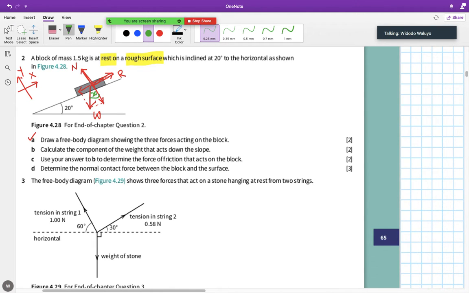This is 20 degrees. So here this is W cos 20, and then down the slope, W sine 20. That's it. Done. This is the weight that acts down the slope, W sin 20 and W cos 20.